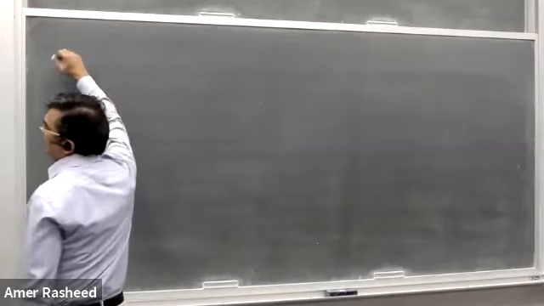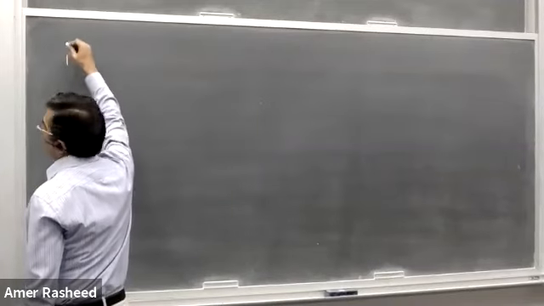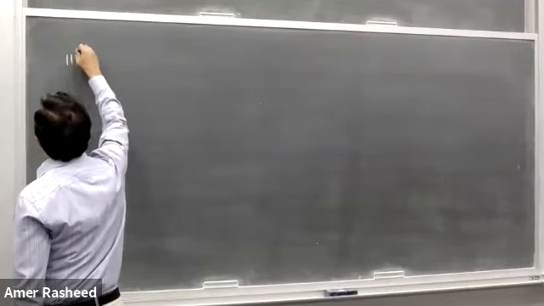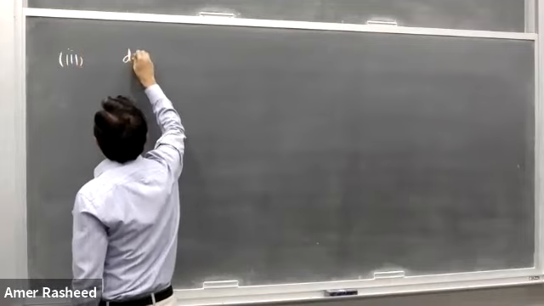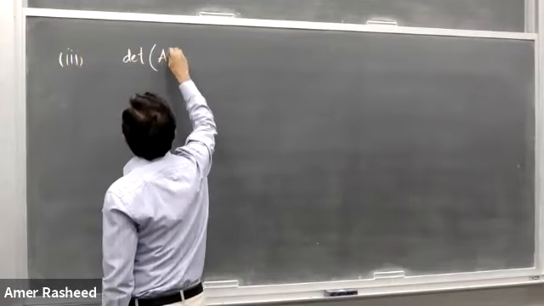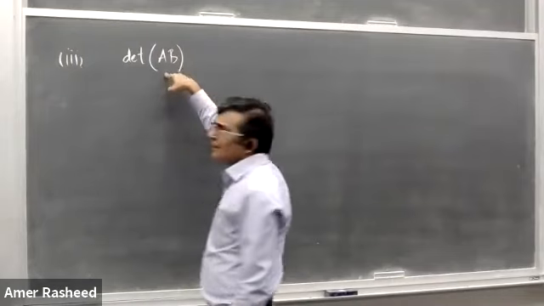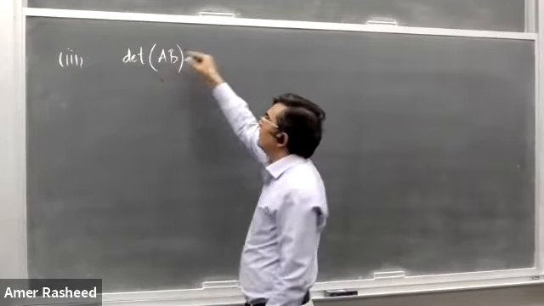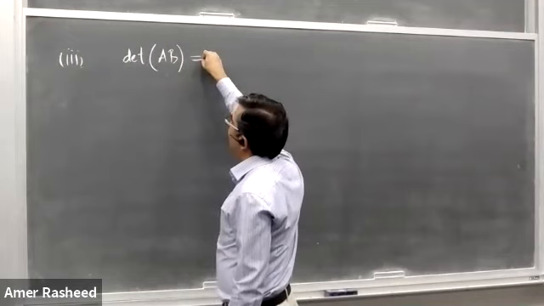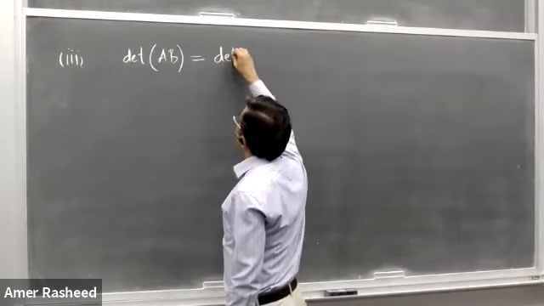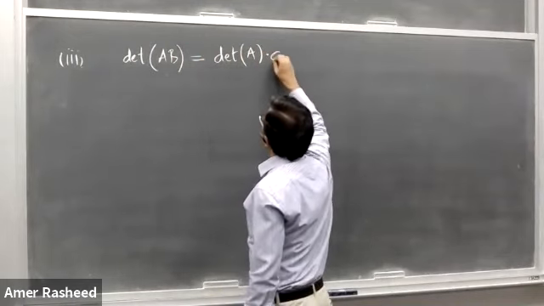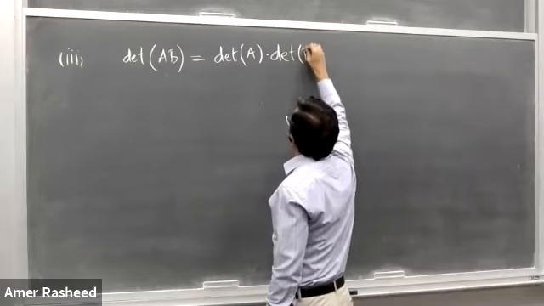Now, another property, let us say this is the third property. The determinant of a product of two matrices, provided that their multiplication is possible, is equal to the product of their individual determinants.